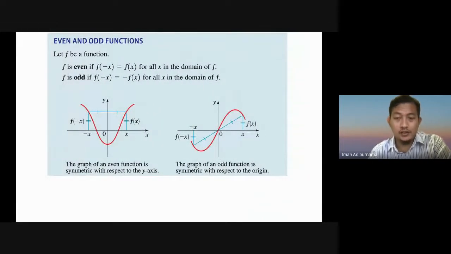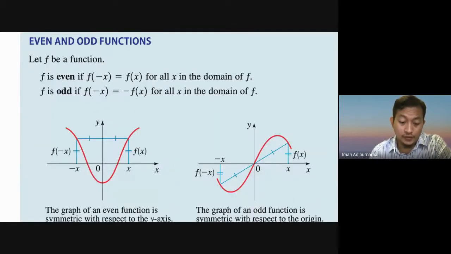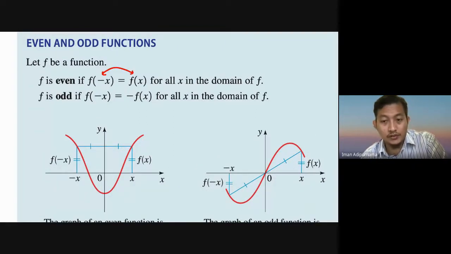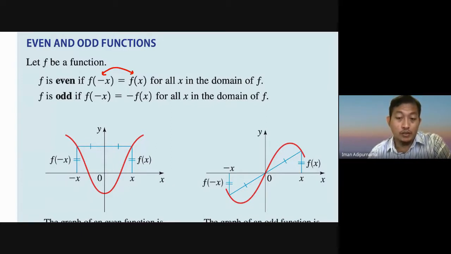You can determine even and odd when you are checking the negative x. If you check the negative x and you're still getting the original function, then it will be an even function. If you check with the negative and the result is the negative of the original function, then it will be an odd function. Okay, just that.